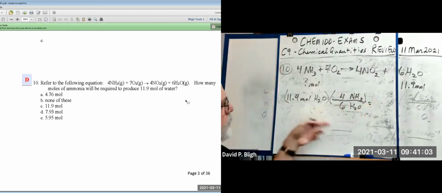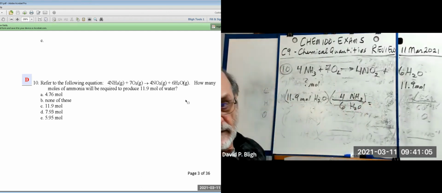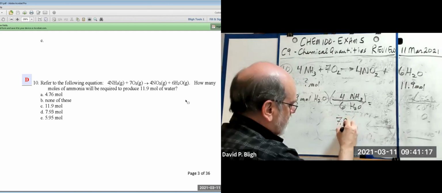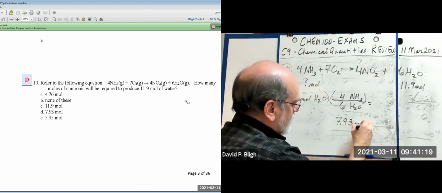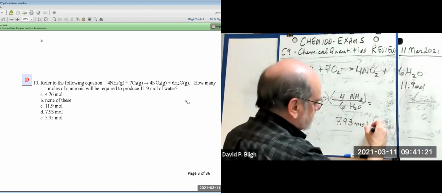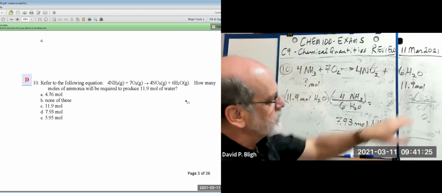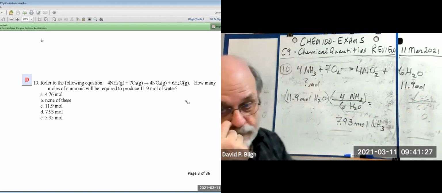So again, 2/3 of that value. 7.93 moles of ammonia are required to produce this many moles of water.